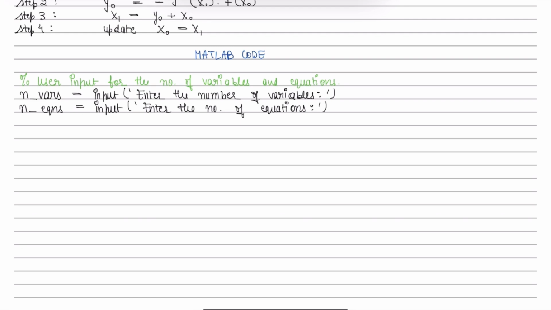Now in this code we have to find the derivative, and we also have to substitute the values of x_i's. So for that we have to use symbolic variables, and we will create these symbolic variables dynamically using syms.